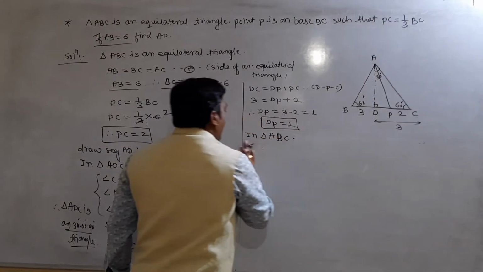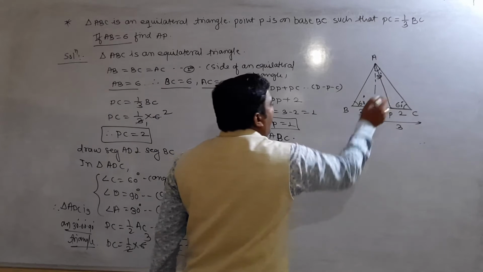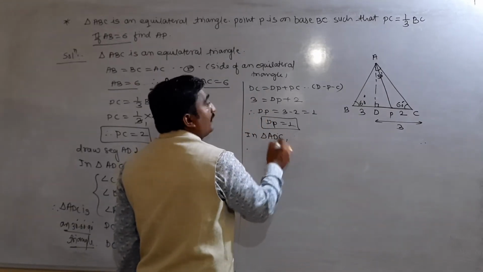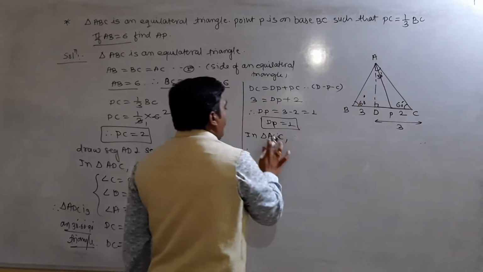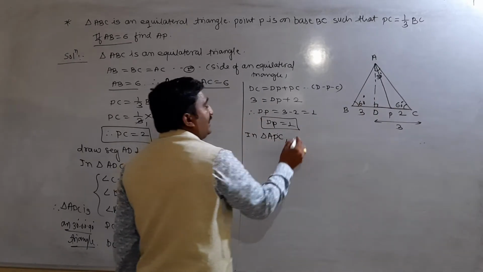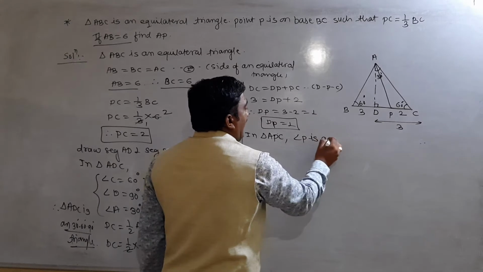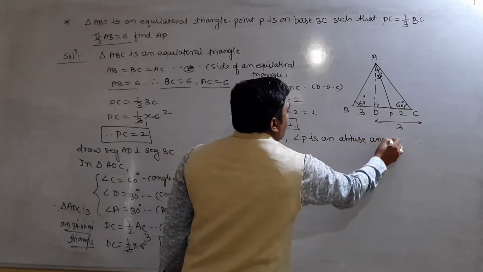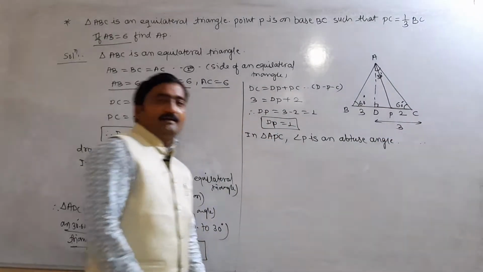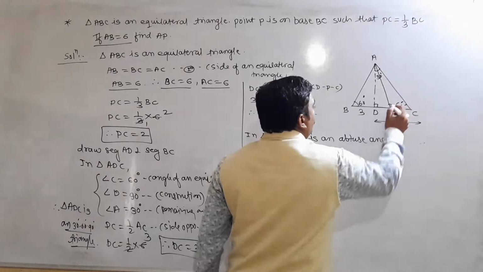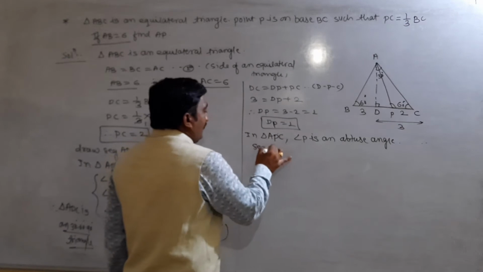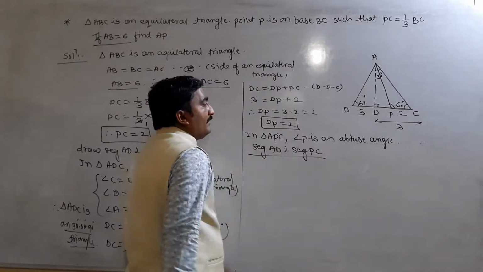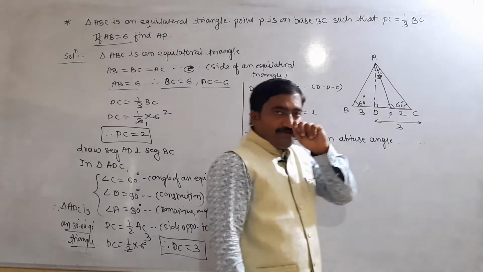But remember that in triangle APC, angle P is an obtuse angle. This is an obtuse angle. And segment AD is perpendicular to segment PC.